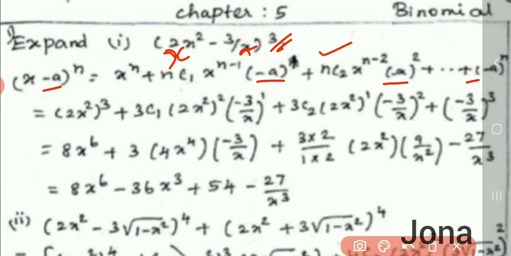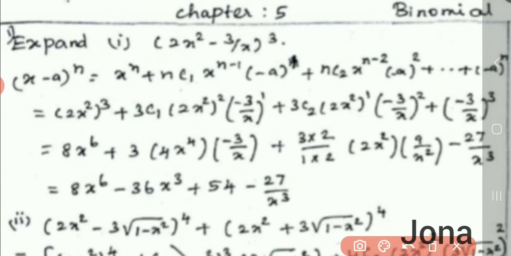We have xⁿ, that is (2x²)³, plus 3C1 (2x²)^(3−1), that is (2x²)², into minus a, so minus 3/x, plus 3C2 (2x²)¹ into (−3/x)², plus (−3/x)³.